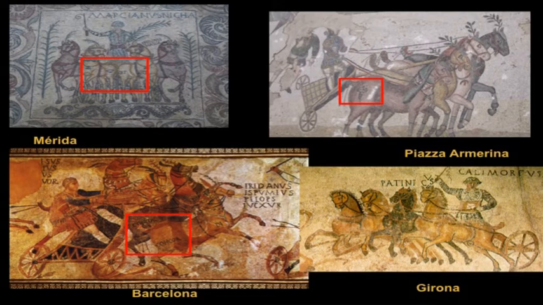Equally on some, for example, Piazza Armerina, Barcelona, and a victorious charioteer mosaic there up in the top left-hand corner from Merida, there is the inclusion of some kind of stud or stable brand, and that's what I've put the red box around.